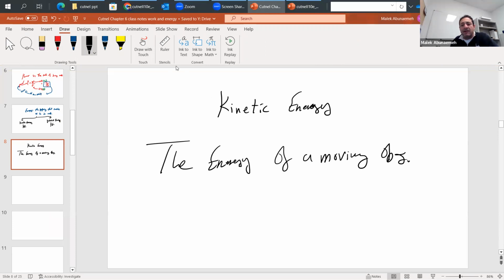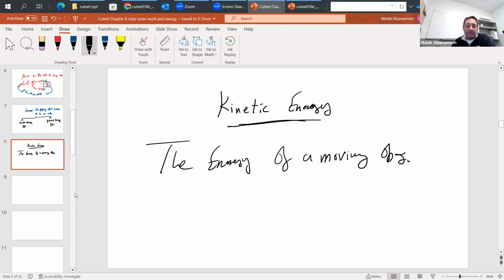So the energy of a moving object is called kinetic energy. We define velocity as going from one point to another over a certain amount of time. It's your distance over your time. In order to achieve that, you need energy. You're not going to have a velocity without energy.